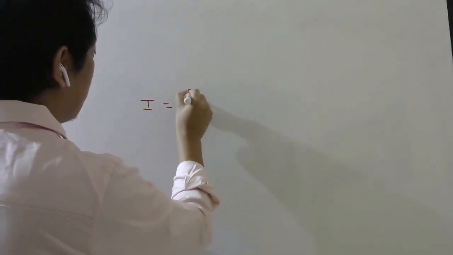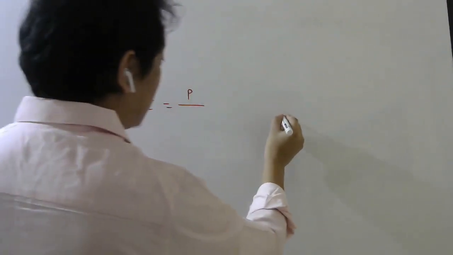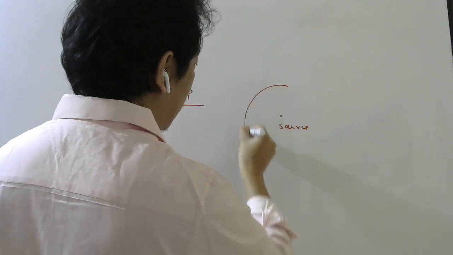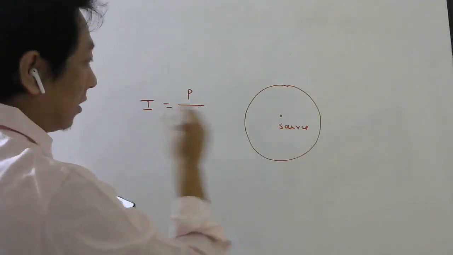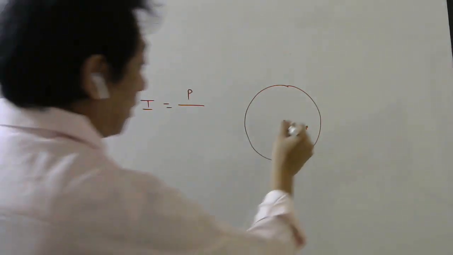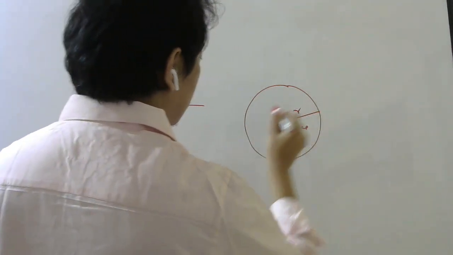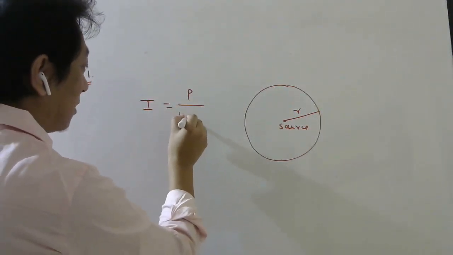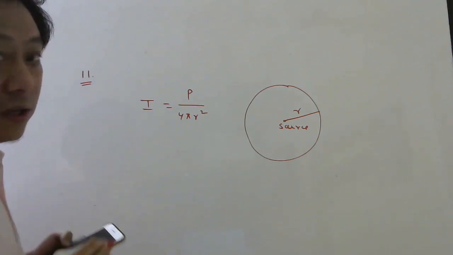Intensity is power by area. And since it is a point source, the energy will spread on a sphere with the source as center. So at a distance r, the area in which the energy will spread will be 4 pi r square. So that is your intensity.